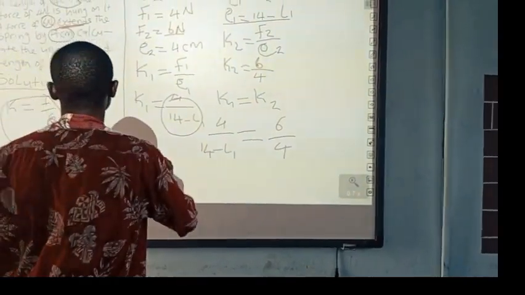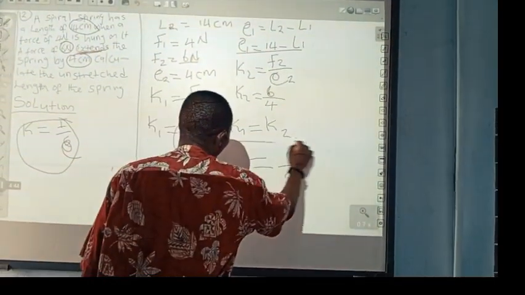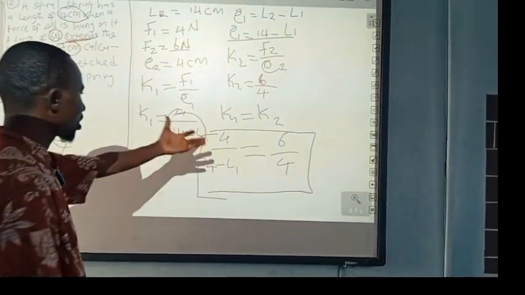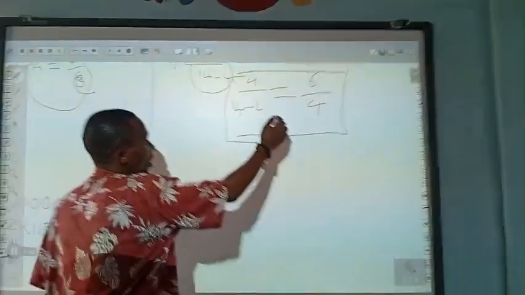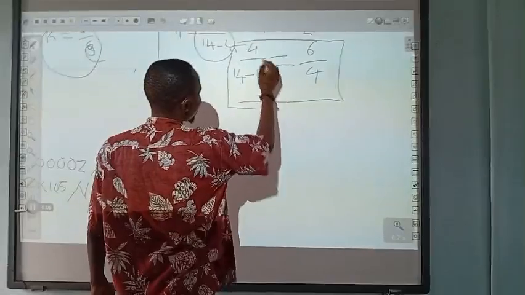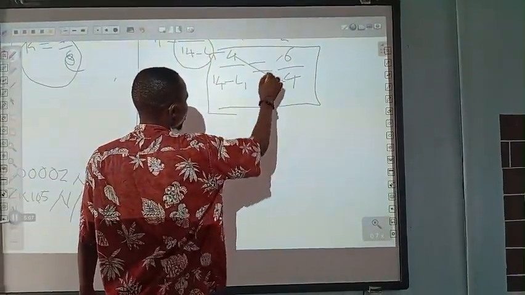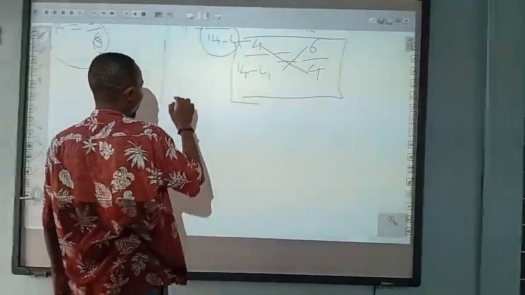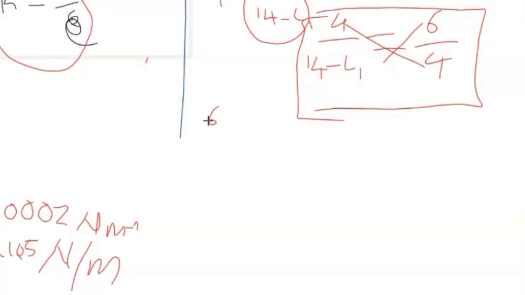So this is the mathematics. I'm going to apply a mathematical principle now to deal with this length. The principle I'm going to apply here is cross multiply. This will multiply this and this will multiply this. So I have 6 open bracket 14 minus L1 close bracket equal to 4 times 4.